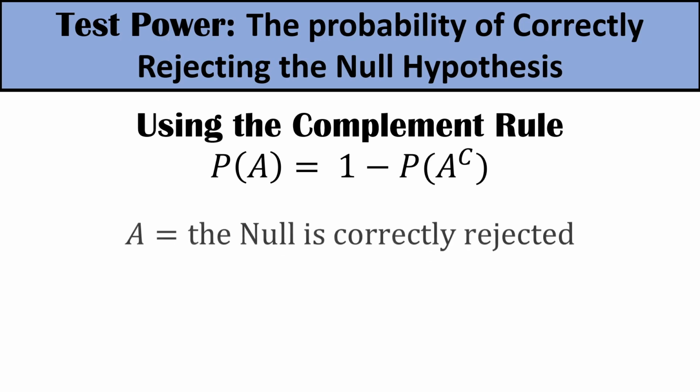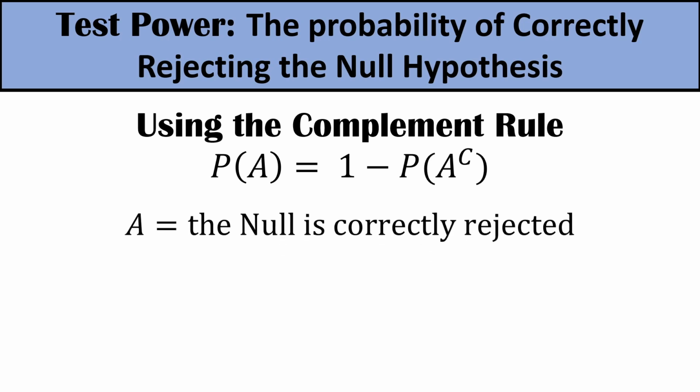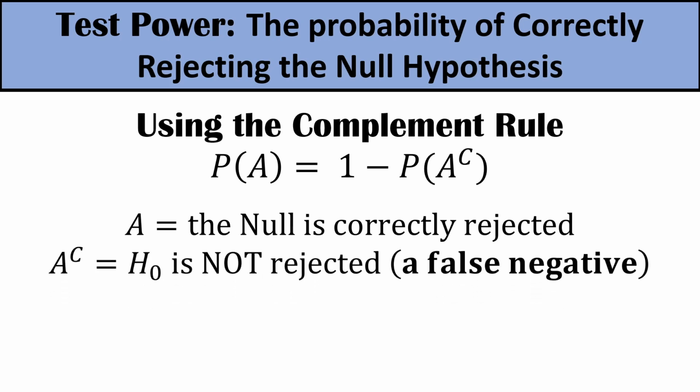Let's now specify what we mean by A. In this scenario, event A is the event that the null is correctly rejected. If we correctly reject the null, we're good. The probability of correctly rejecting the null is test power. What is the complement of A? That's the event that the null hypothesis is not rejected. That is a false negative. So if the null is actually false and we do not reject it, that is A complement.